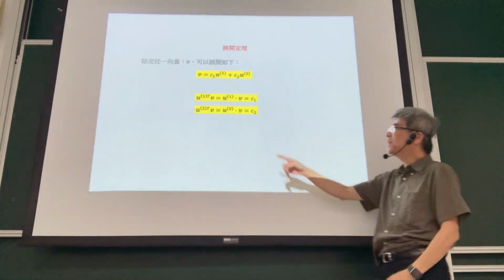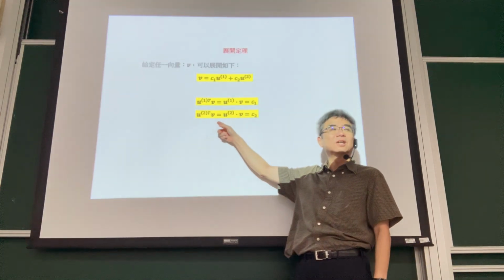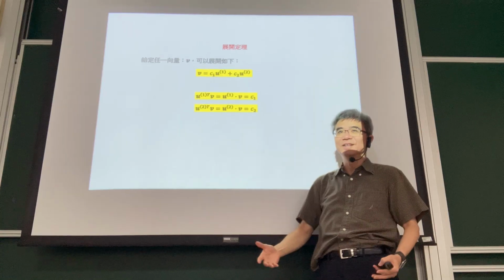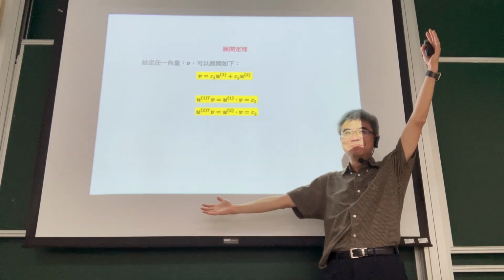Okay, so U1, U2, the two eigenvectors are almost like unit vector in a coordinate system.